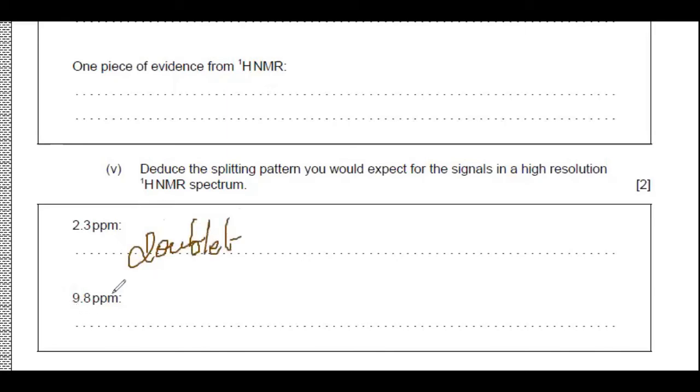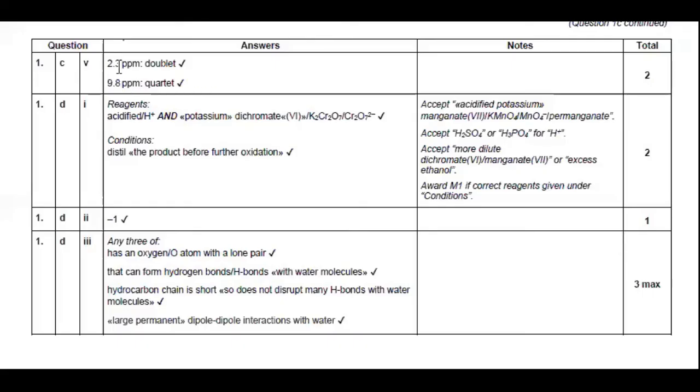And at 9.8, we are getting a quartet. Here is the answer key to the question. It's clearly stating 2.3 is a doublet and 9.8 corresponds to a quartet. Now let's move on to the next question.